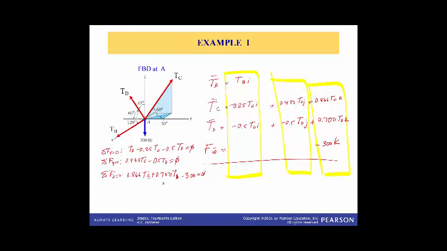Here I have C and D, so I can express TC as TD from equation 2 and then substitute in equation 3, obtain one, then the other, and then I go back to equation 1. So it's important that if you don't know how to solve a system of 3 equations with 3 unknowns, that you review that.